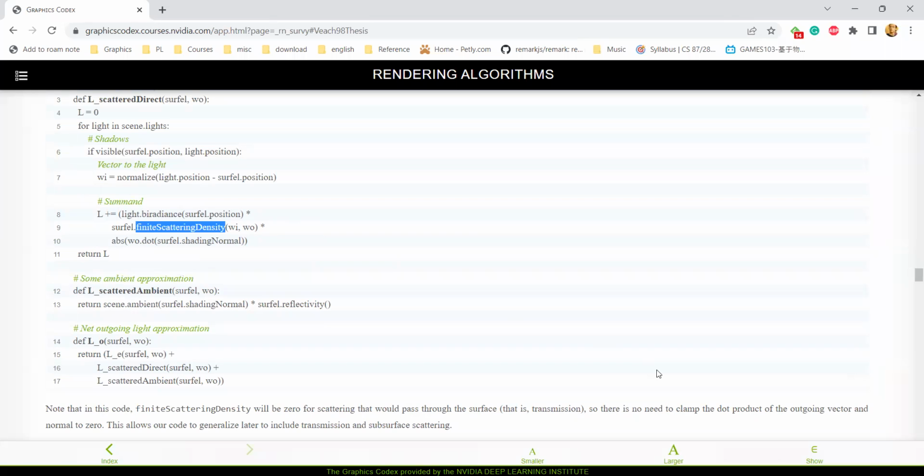So there is no need to clamp the dot product of the outgoing vector and normal to 0. This allows our code to generalize later to include transmission and subsurface scattering.